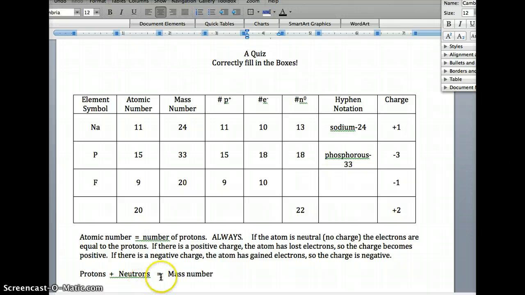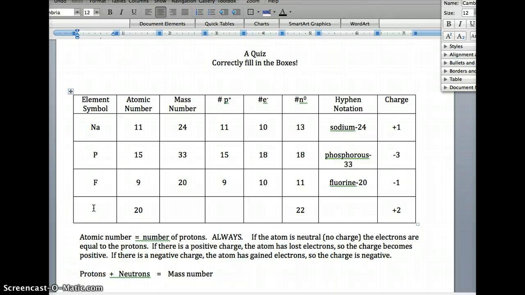Since protons plus neutrons equals mass, the mass number minus the protons would equal the neutrons. So you'd have 20 minus 9 would give us 11 neutrons. And the element name would be fluorine. And the mass would be 20.